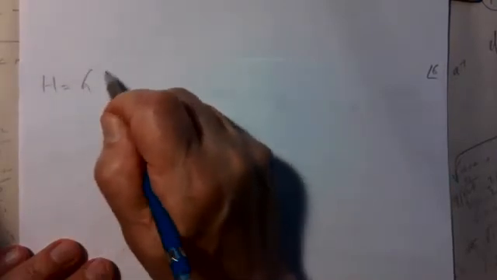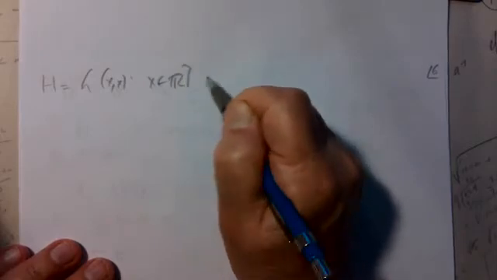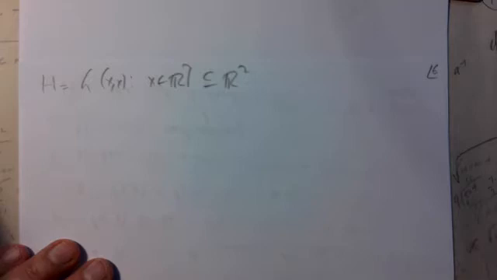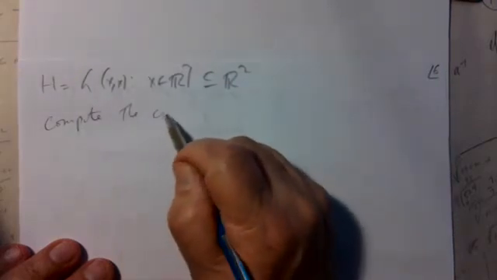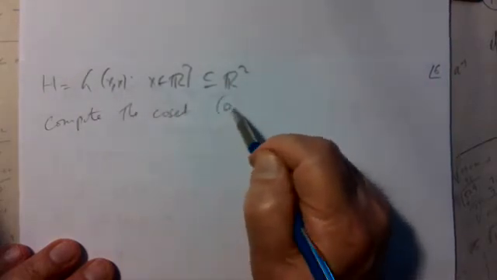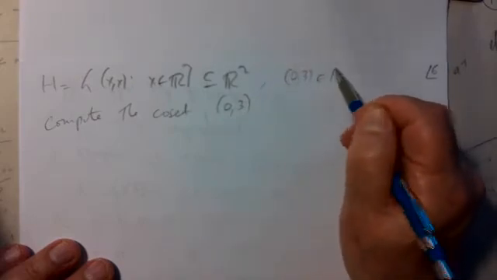Then we want to calculate some cosets. So H is the set of all points (x, x) contained in the additive group. And compute the left coset (0, 3) plus H. (0, 3) is some point in R2.